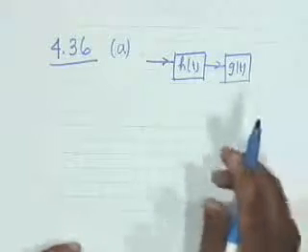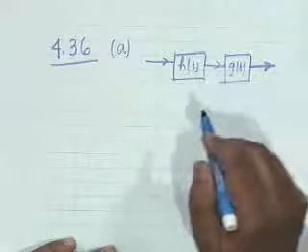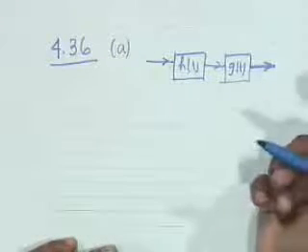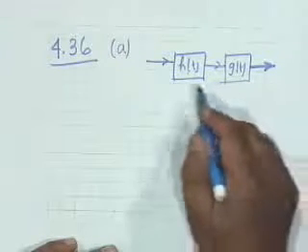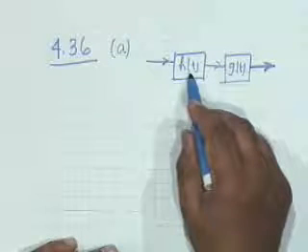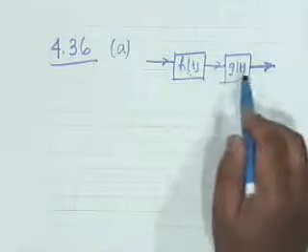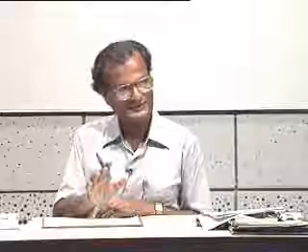That is, one comes after the other, and it is said that h of t and g of t are inverses of each other. They are inverse systems. That is, if you invert h of t, you get g of t. Not Fourier inverse. It is the inverse system.